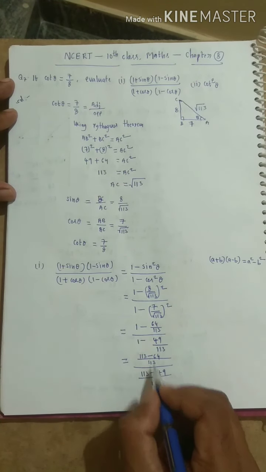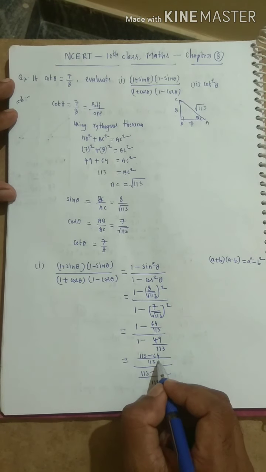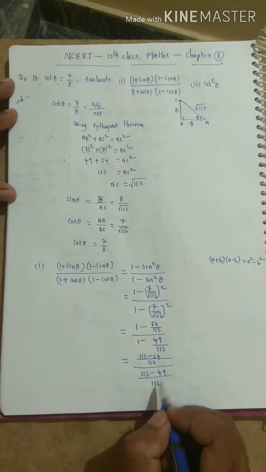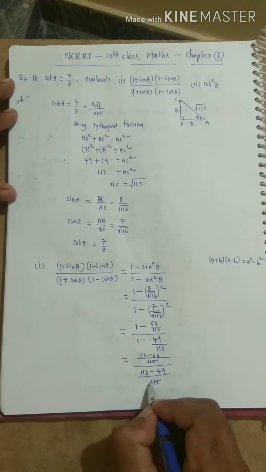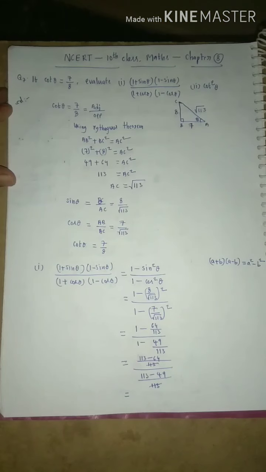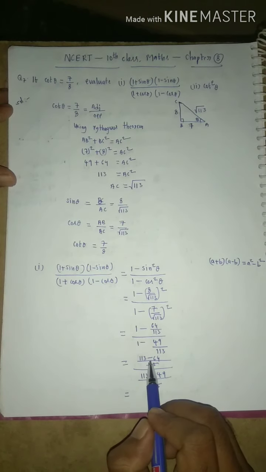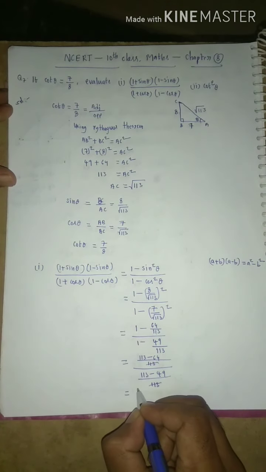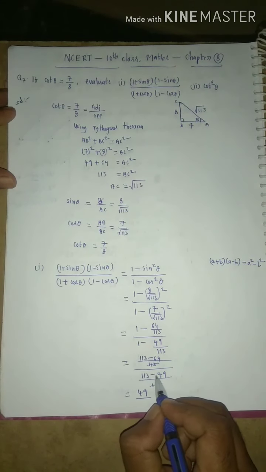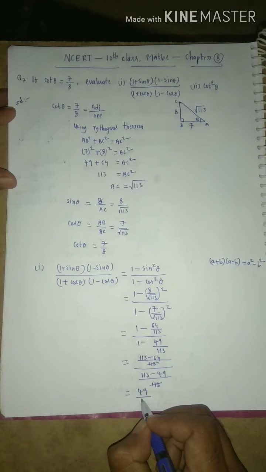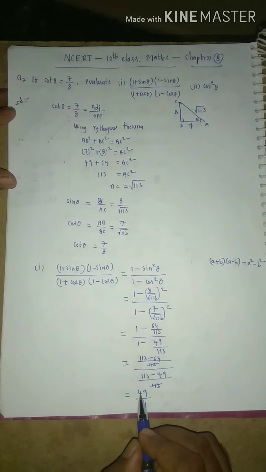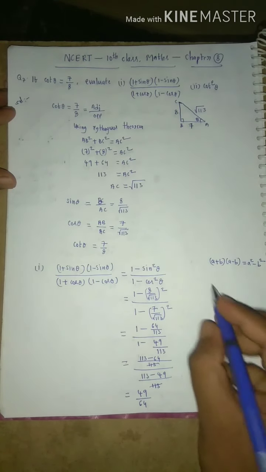In these two ratios, the numerator denominator 113 and the denominator denominator 113 are both cancelled. 113 minus 64 value is 49, upon 113 minus 49 value is 64. So this value is equal to 49 upon 64.